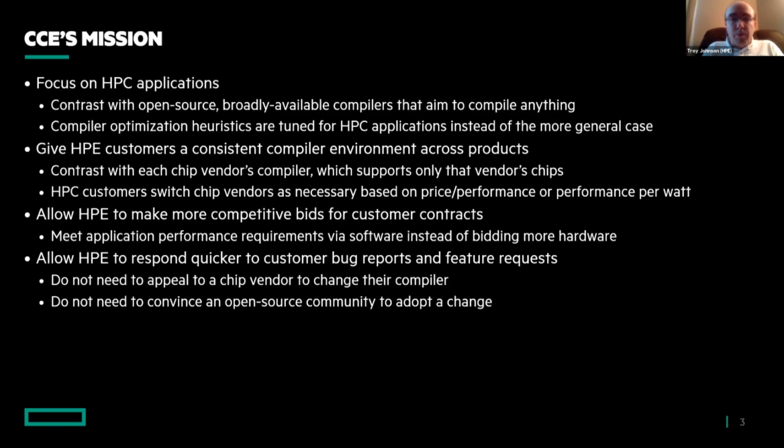Our focus is on high performance computing applications, which means that we can design optimization heuristics that are tuned for these HPC applications instead of the more general case. So we have a variety of cases in our downstream compiler where we change defaults from what upstream LLVM uses because we've seen those defaults perform better for HPC applications.